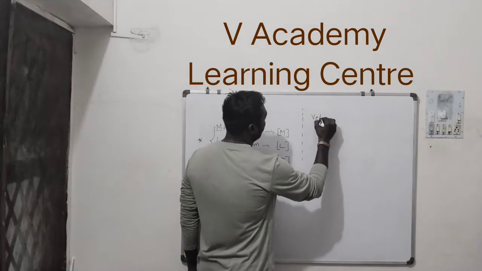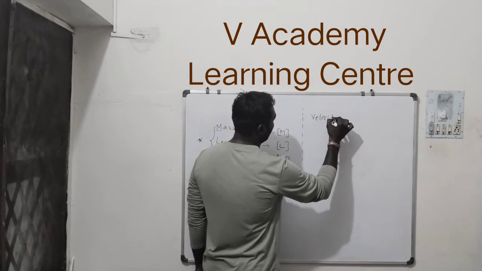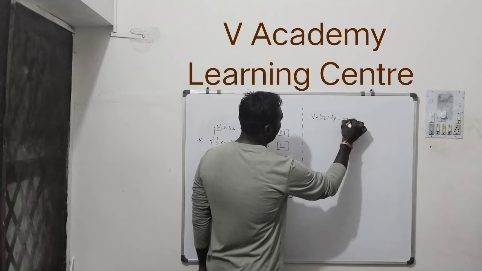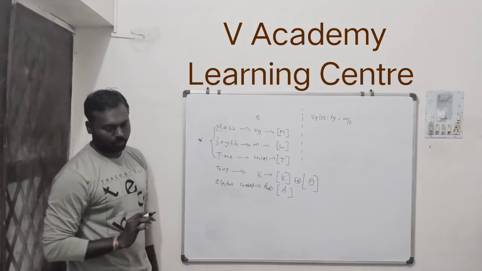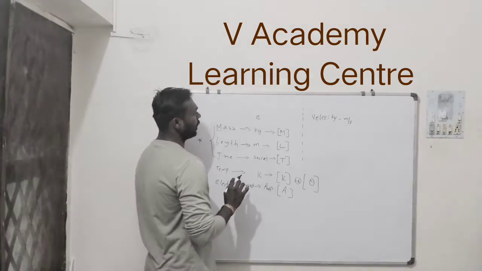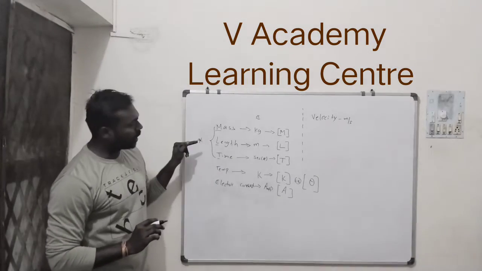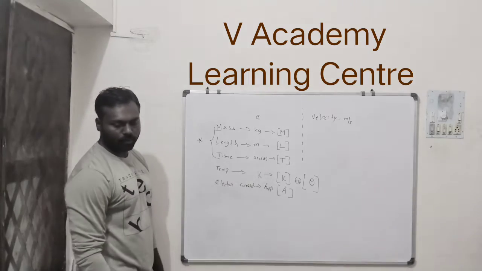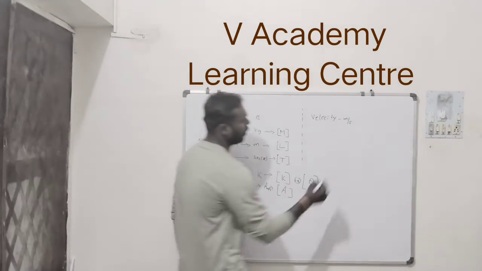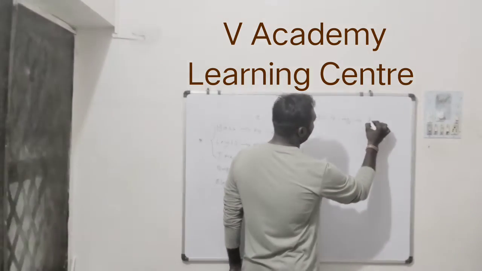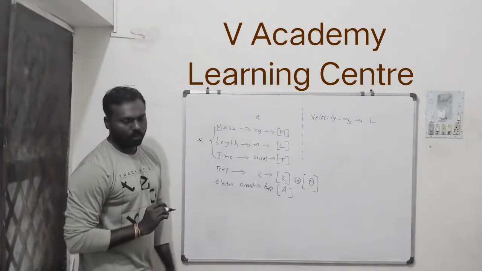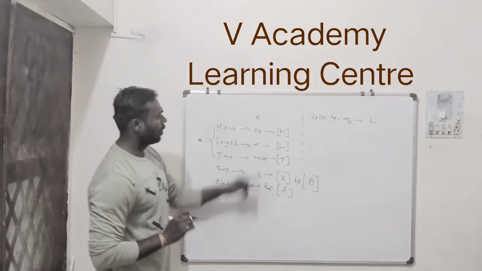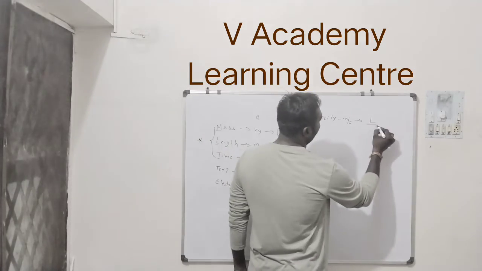Velocity, the unit we know is meter per second, or distance covered by time. Meter, as per these dimensions, is L. Okay, very good. Next, time, T. So L by T.